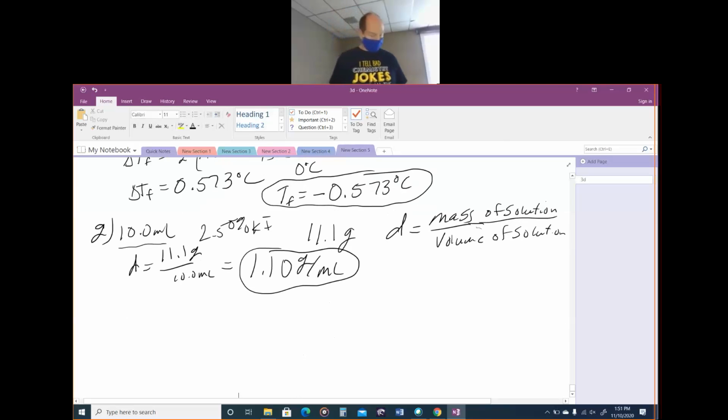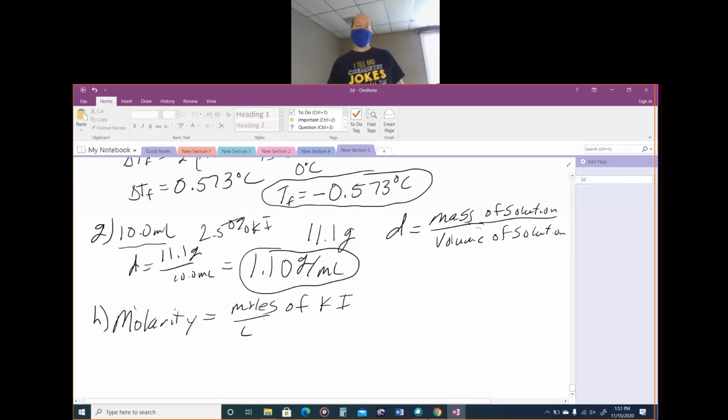All right, and we're going to need that for H, which is going to be the hardest question so far, and that is to calculate the molarity. So you have to calculate the molarity. Again, moles per liter will not get you the answer. Moles of solute. So you have to know that KI is the solute.